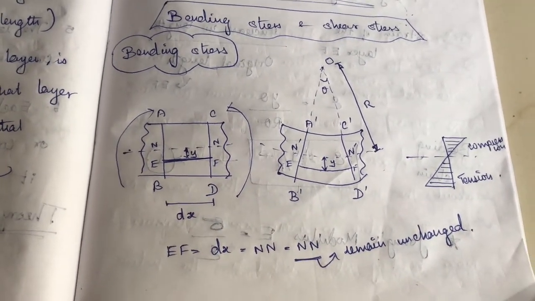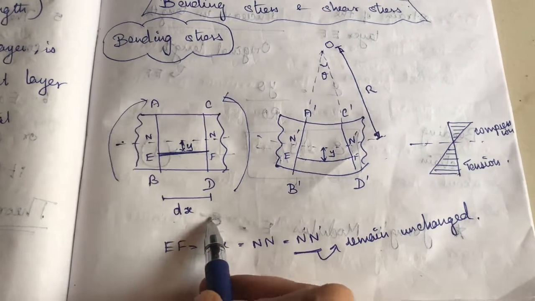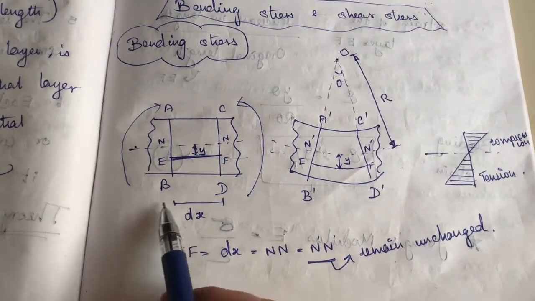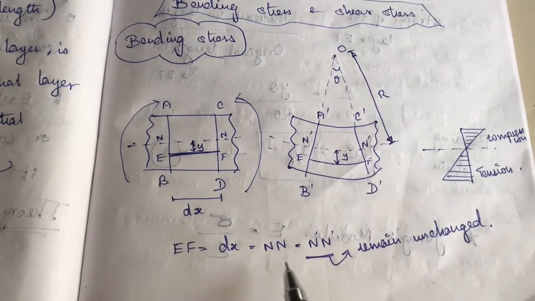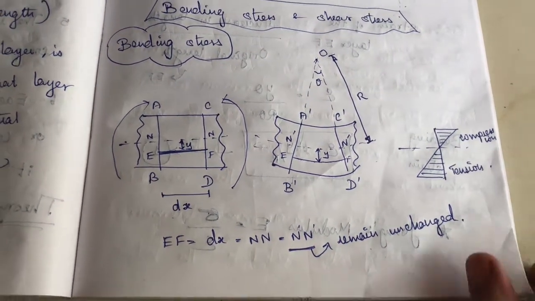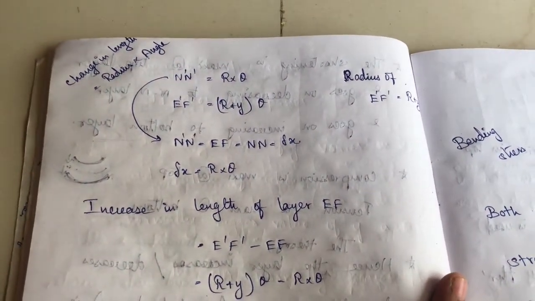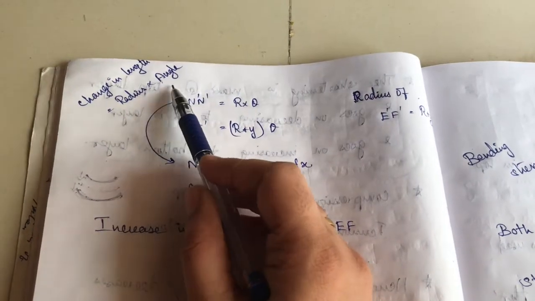Okay? So these are all equal to this distance dx. I am just taking this NN distance, the distance between the two sections, as dx. So it is dx. The change in length is equal to radius into angle.